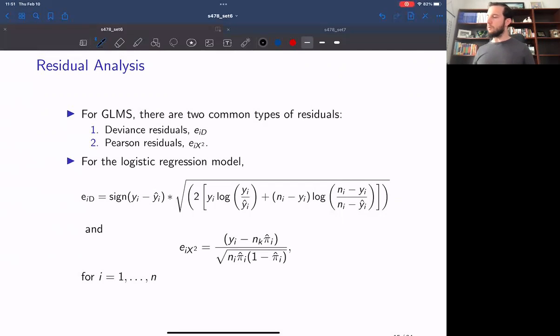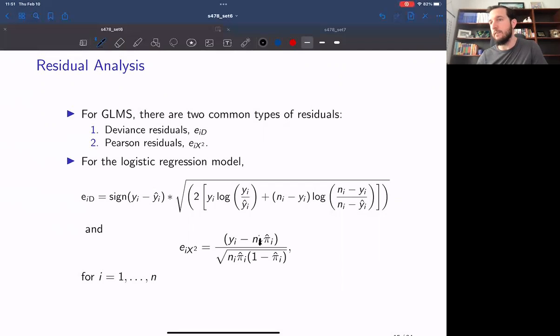So you can see, for example, the residual for the Pearson value, which is labeled e subscript i, x squared. This is just the individual components of the x squared statistic square rooted, right? So we have y_i minus n_i pi hat, we defined this before, divided by the square root of n_i pi_i hat times 1 minus pi_i hat.